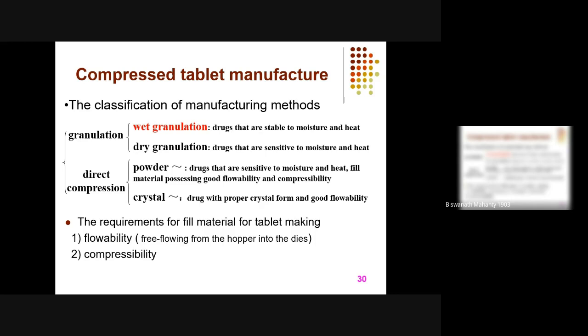Similarly, there are disintegration and friability tests, which are not mentioned here. A friability test uses a kind of horizontal disc with a central rod, and the disc is rotated.